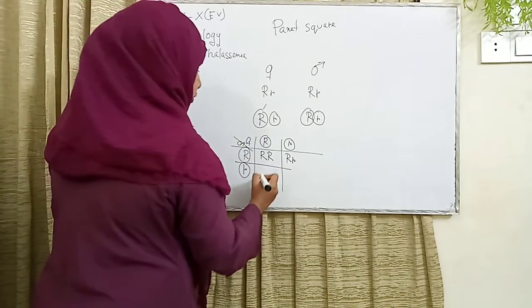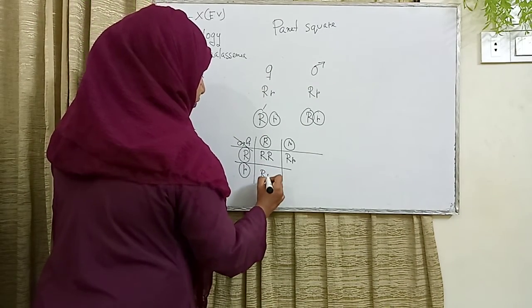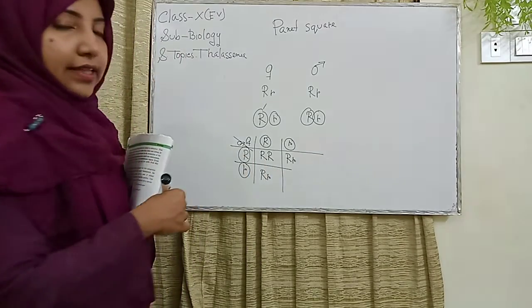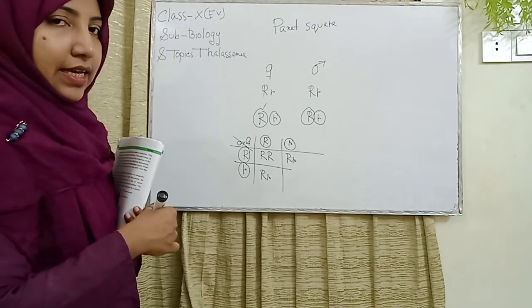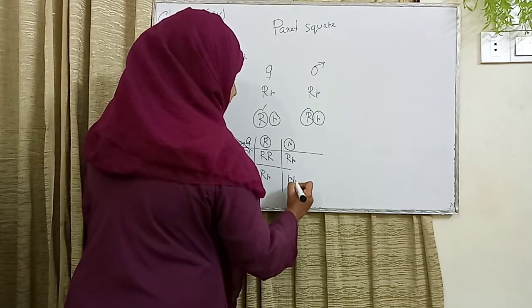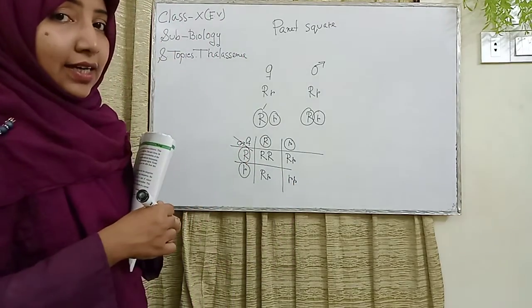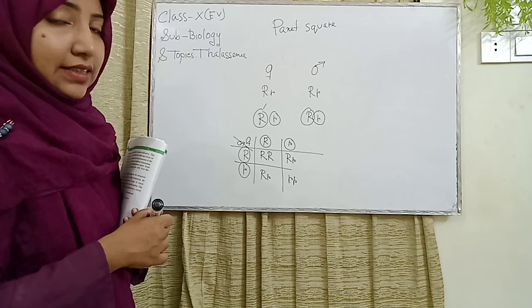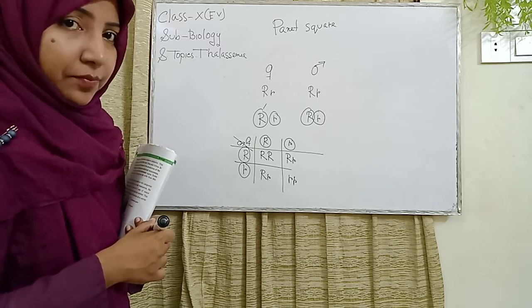And the other is R and small r. They are also the affected or carrier gene. Now this one is small r and small r, which is the major gene.